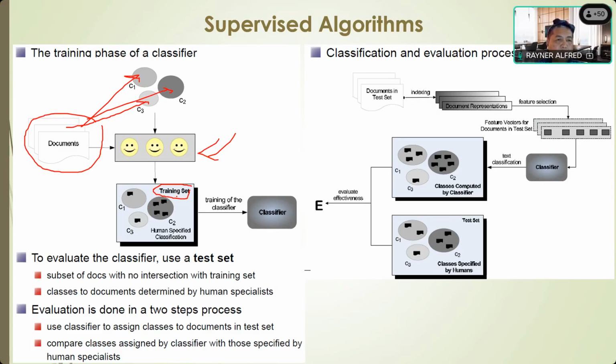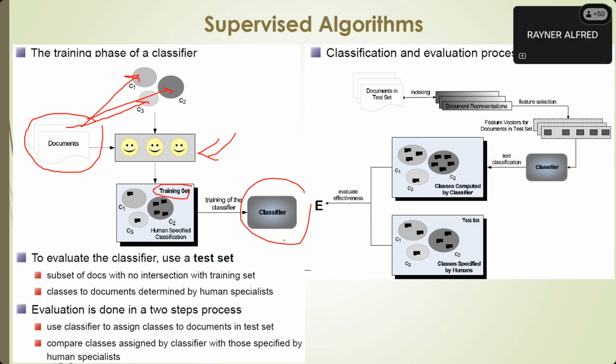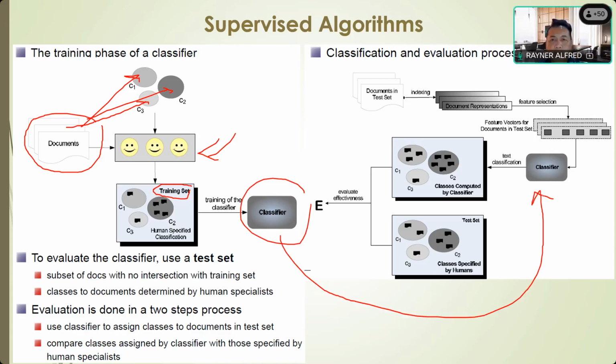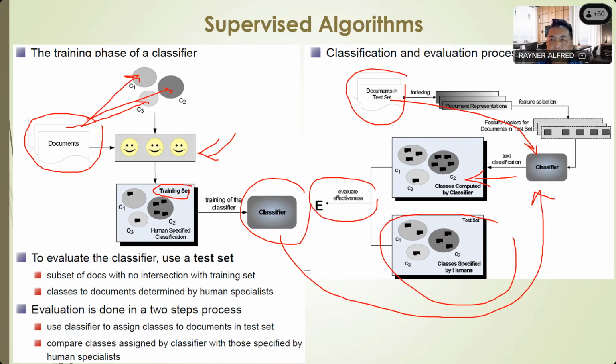Once you have the setting that produces the maximum accuracy, you will take this one. Okay, you will fit it into the classifier, and then we produce the classification result, and we compare with the actual set that we have initially. Okay, so that is the whole process.